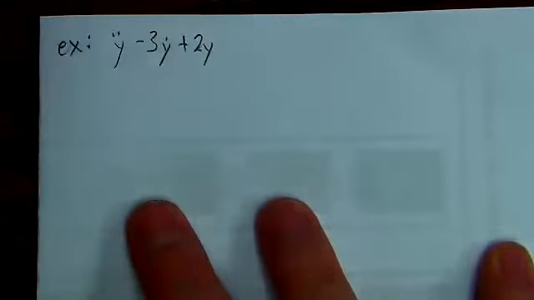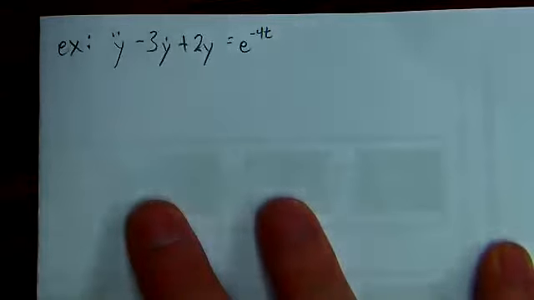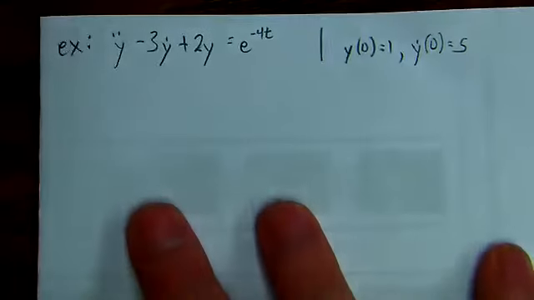Let's do one more example. So say we have a more complicated differential equation, y double dot minus 3y dot plus 2y equals e to the negative 4t, subject to the initial condition that y of 0 equals 1 and y dot of 0 is equal to 5.